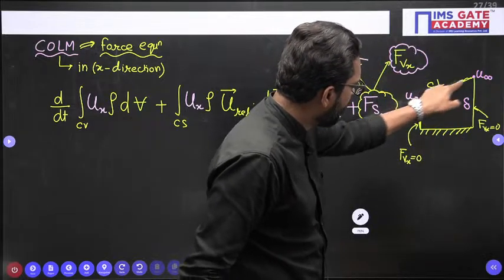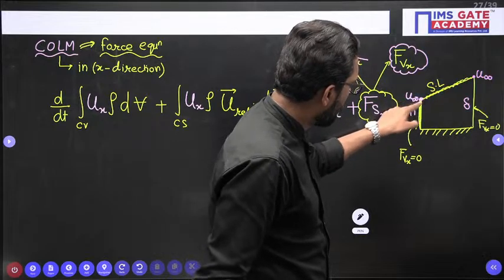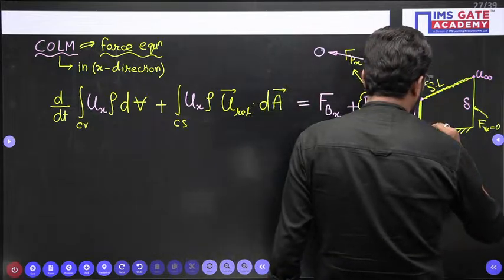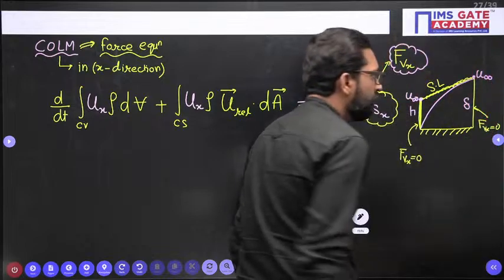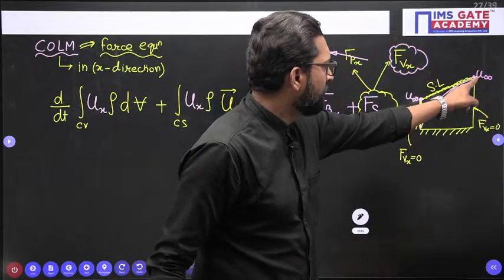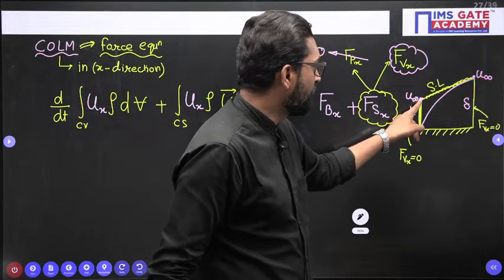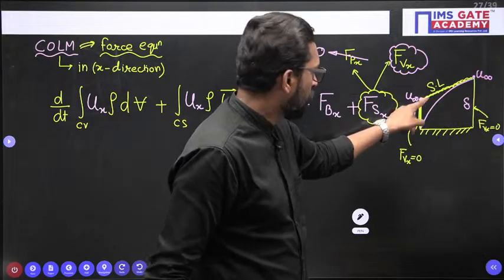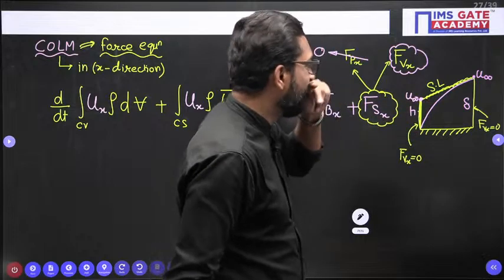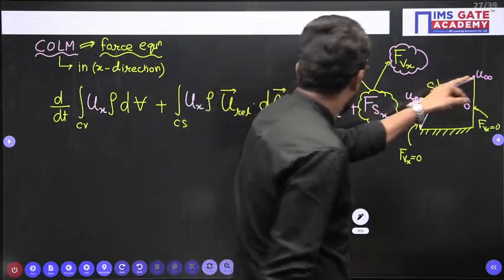So here this is your boundary layer. At this point the velocity is U infinity. So velocity is not changing.